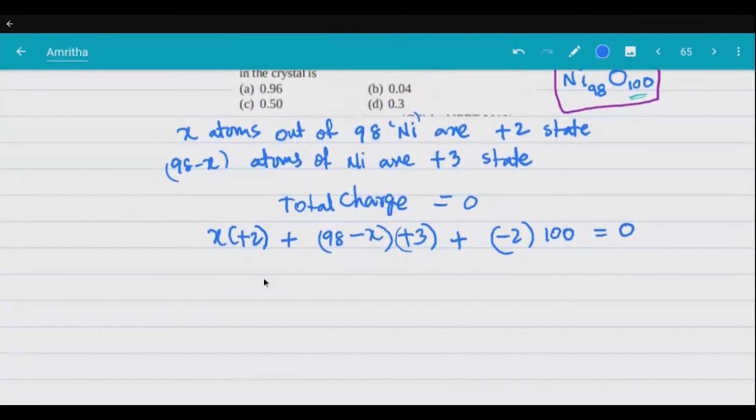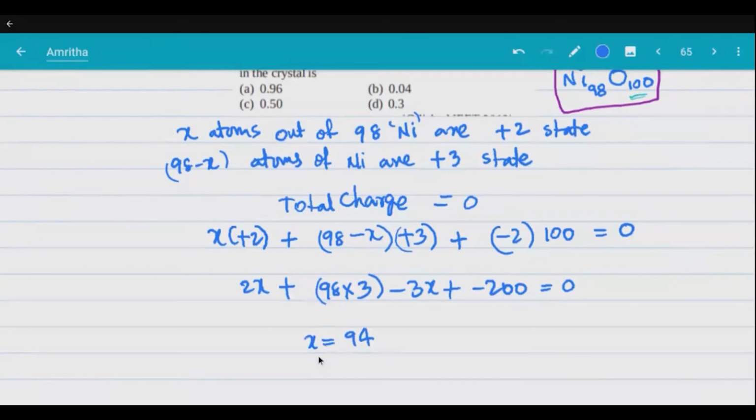So 2x plus 98 into 3 minus 3x minus 200 is equal to 0. So we'll get x: minus 3x plus 2x. Now 98 into 3, how much? Just calculate this quickly. 98 into 3 is 294, right? 294 minus 200 is 94.